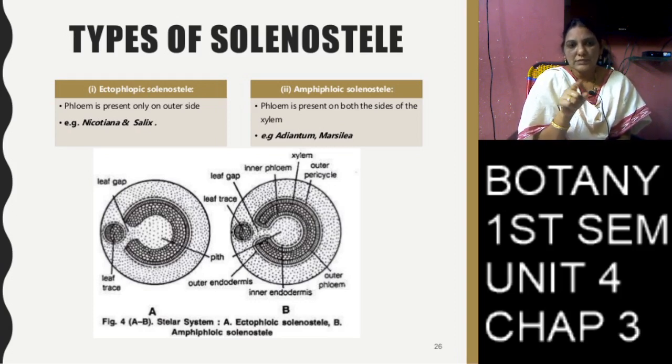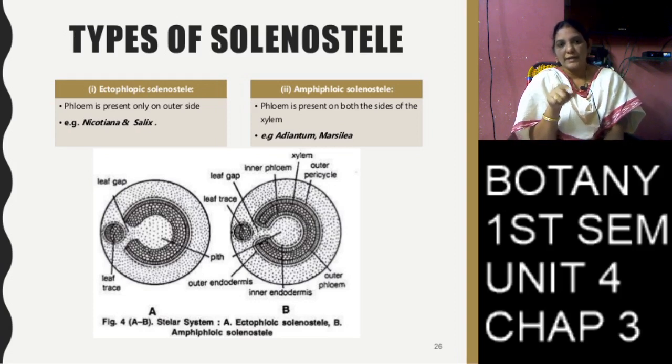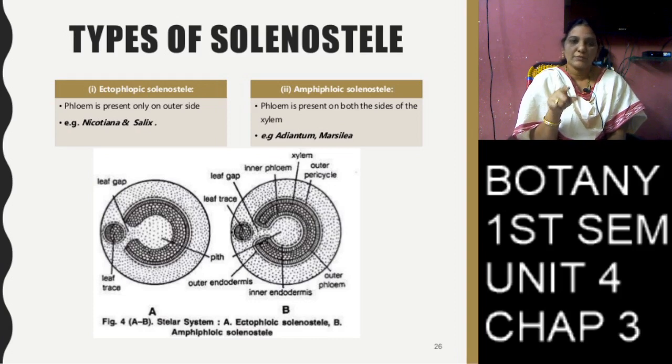The medulla is covered by the xylem, the xylem by the phloem, the phloem by the pericycle, and the pericycle by the endodermis, and this whole part has one gap. That gap is called the leaf gap, and the leaf trace is present opposite to the leaf gap.